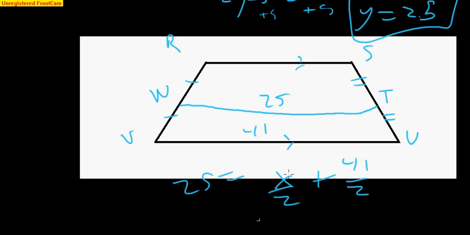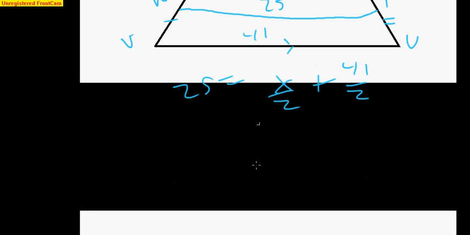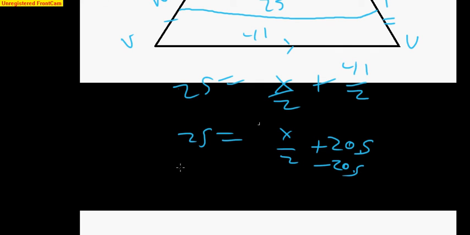So 41 divided by 2 is 20.5. So 25 is equal to x over 2 plus 20.5. If you subtract the 20.5, we're going to get 4.5 is equal to x over 2. Multiply by 2, and you're going to get 9 is equal to x.